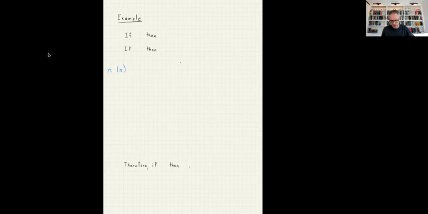So if P, then Q, if Q, then R. Okay, now I'm going to suppose that P. Okay, same format as before, but now what I can do is on the right, I can write assumption, A, that's my assumption. And then I'm going to proceed reasoning with what I have here.